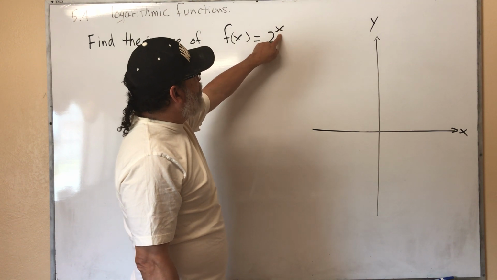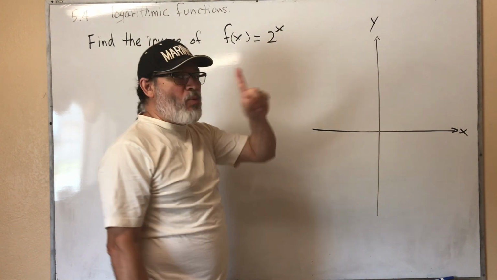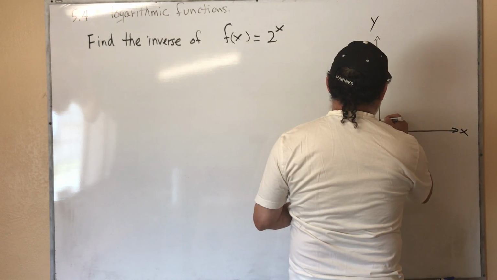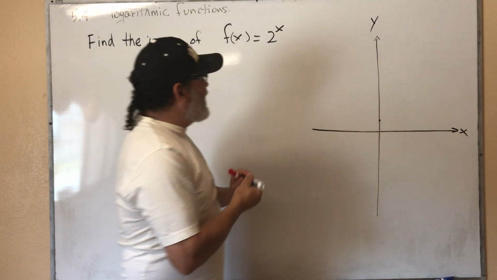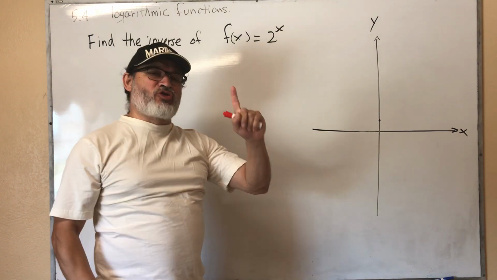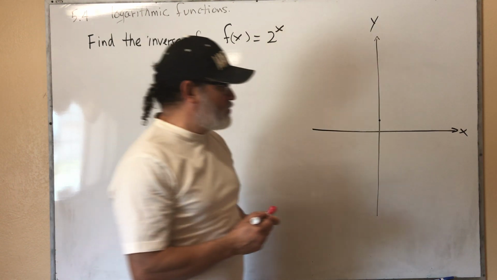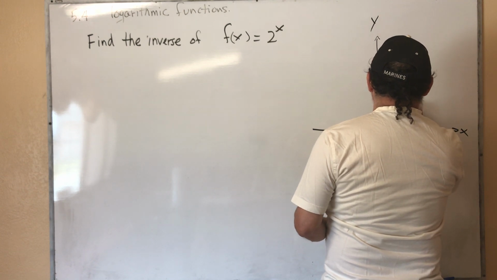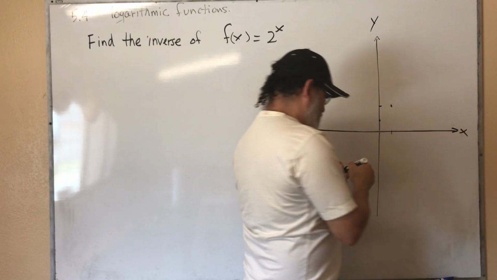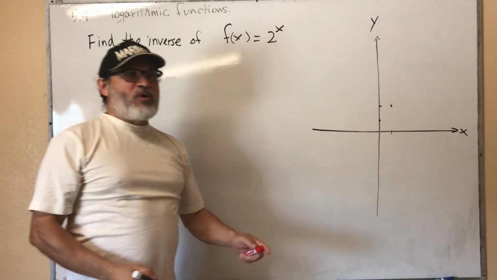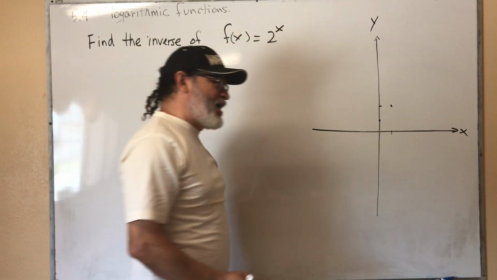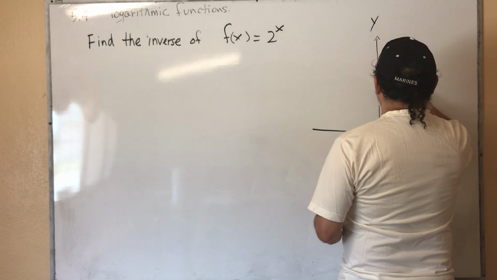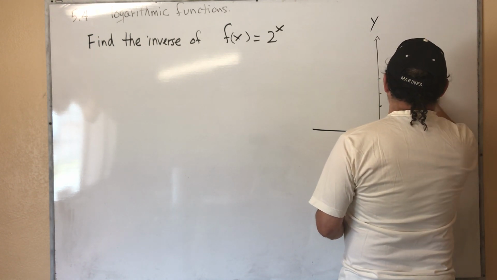Okay? And watch this. I'm going to graph this function. Let x be 0. What's 2 to the 0? 1. Let x be 1. What's 2 to the first? 2. Let x be 2. What's 2 to the second? 4.